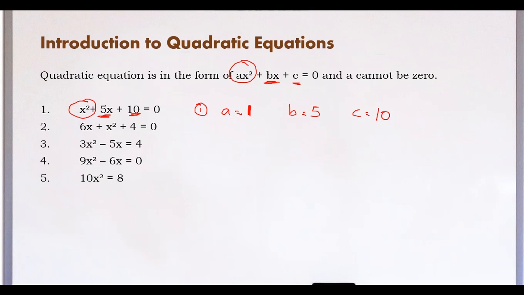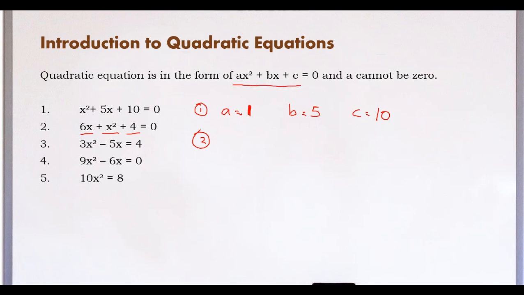All right, I hope you followed the pattern in finding the values of a, b, and c. Let's go with number 2. We have here 6x plus x squared plus 4 equals 0. Before we get the values of a, b, and c, you must first arrange the terms in standard form.